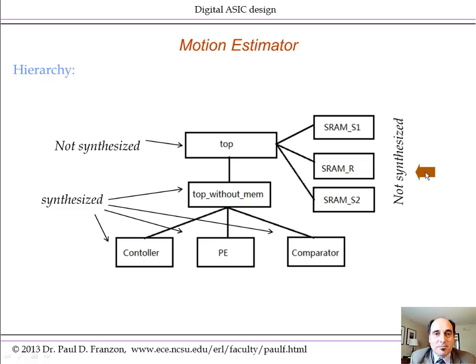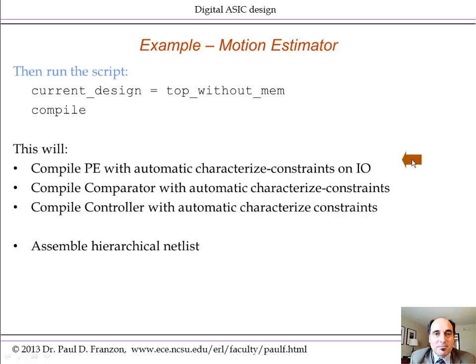Current design is top without mem, compile. What this actually does is run characterized constraints on the I/O of each of the modules and compiles those modules. Then it assembles a hierarchical netlist, including the fact that PE is replicated 16 times, and that becomes the final design.